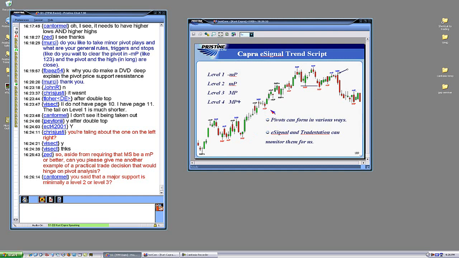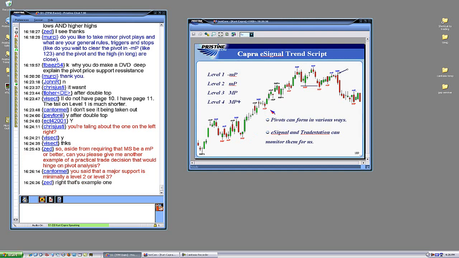So it's not so much that a pivot analysis leads us to a trading decision, but more that understanding the trend we're in based on pivots will allow us to decide whether we want to be taking a long bias or a short bias.